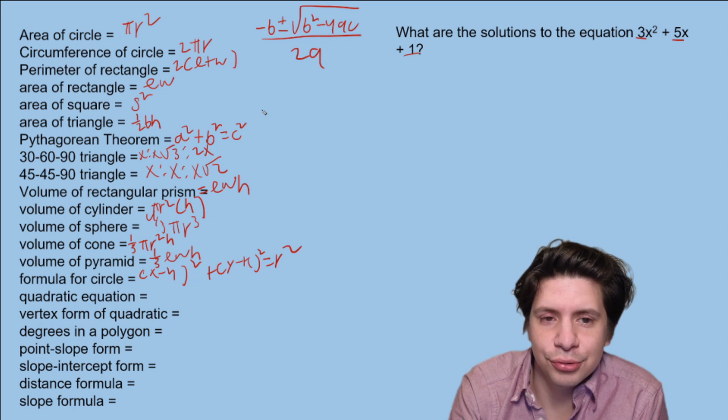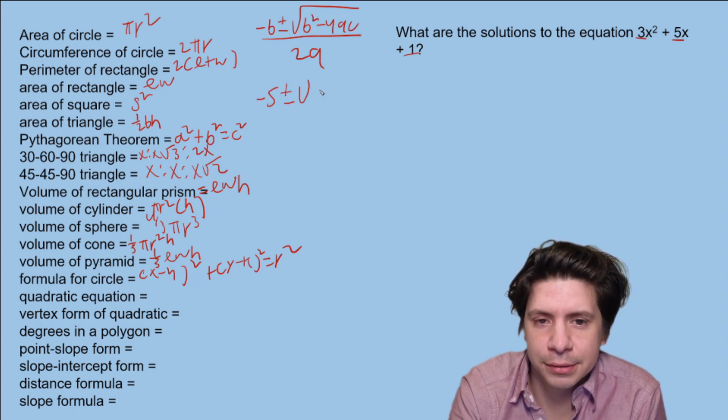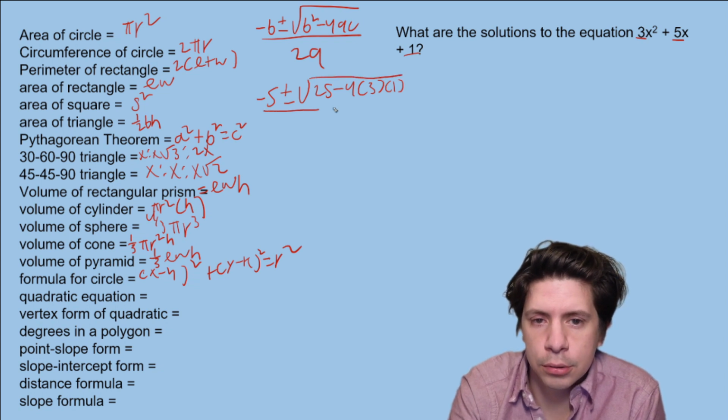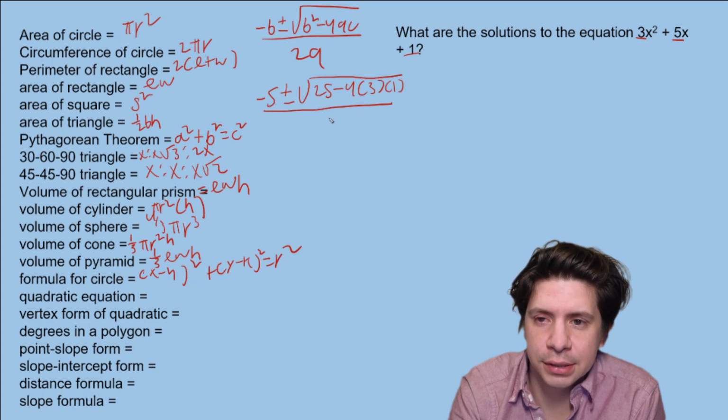So we're going to do negative b, we'll do negative 5 plus or minus the square root of b squared, 25 minus 4, a is 3, c is 1, all over 2a, which is 2 times 3.